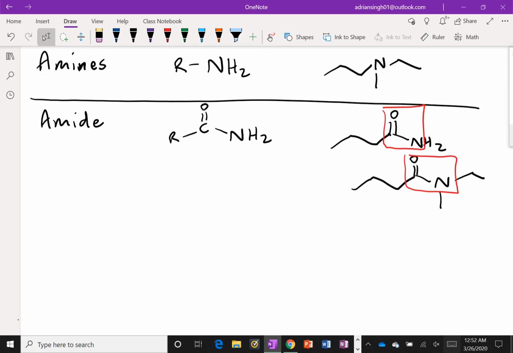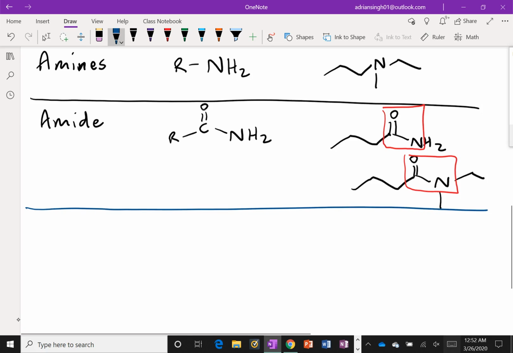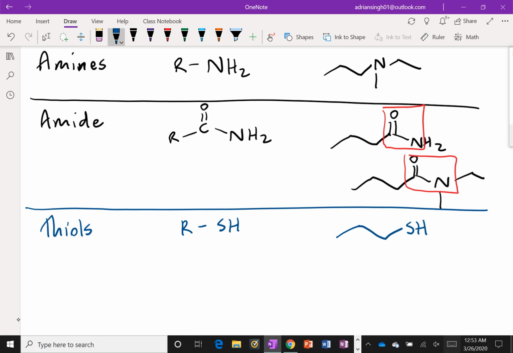All right, and then the last ones I want to show you are the ones that contain sulfur, and there are two of these. We have things known as thiols, and thiols have an R connected to an SH. Right, so if I have something like this, sulfur and H on one end, that's called a thiol.